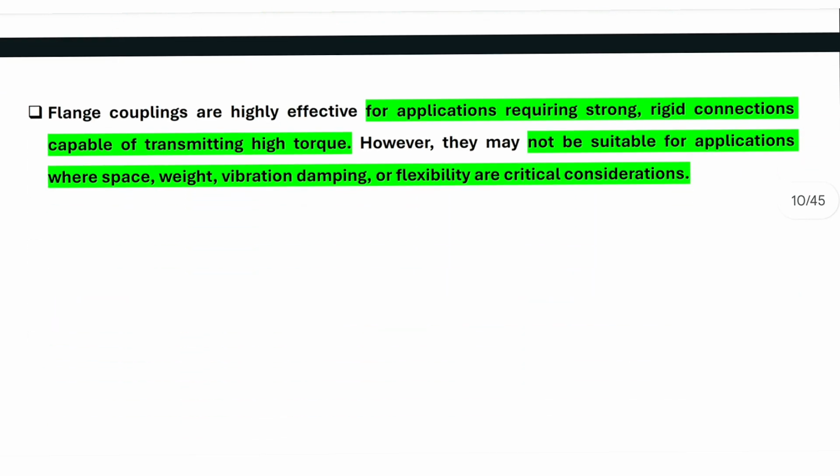Okay, flange couplings are highly effective for applications requiring a strong rigid connection capable of transmitting high torque. However, they may not be suitable for applications where space, weight, vibration damping, or flexibility are critical considerations.